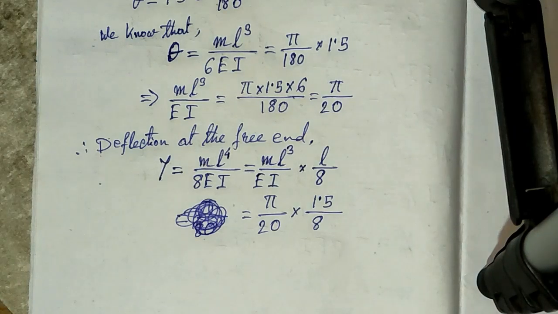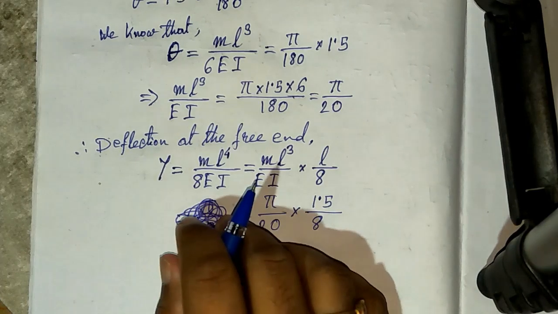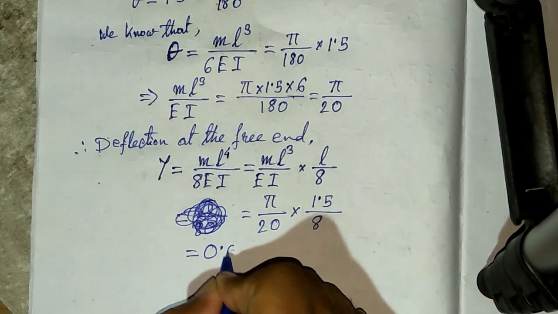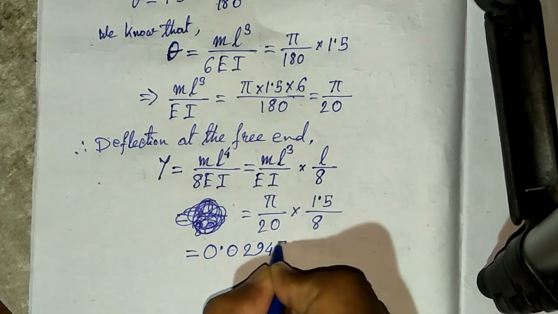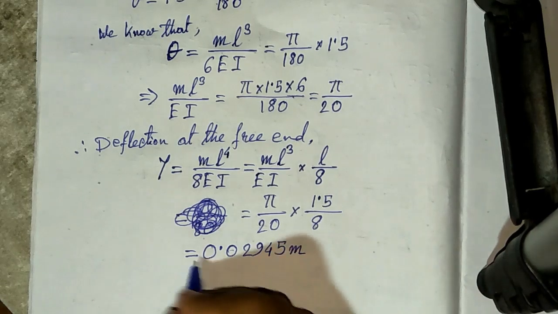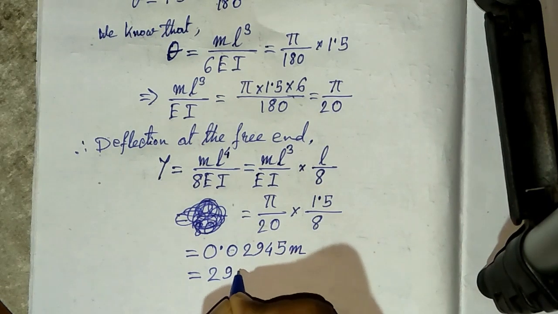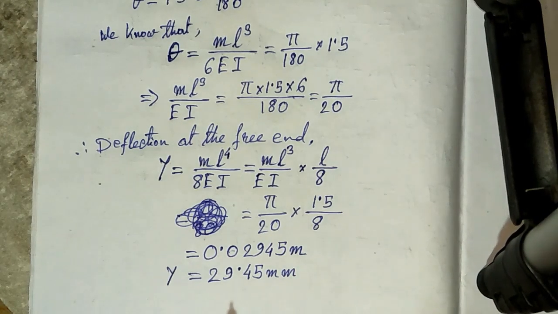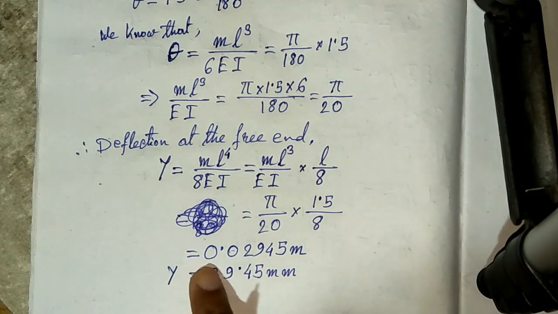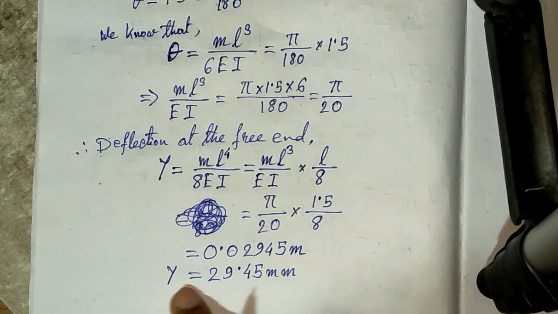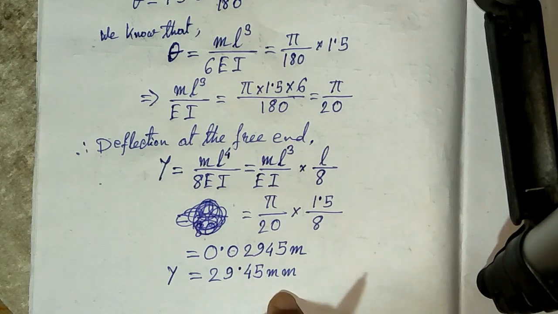The answer for this deflection is 0.02945 meter, or we can write 29.45 millimeter. So the value of deflection is y equals 0.02945 meter, or 29.45 millimeter.